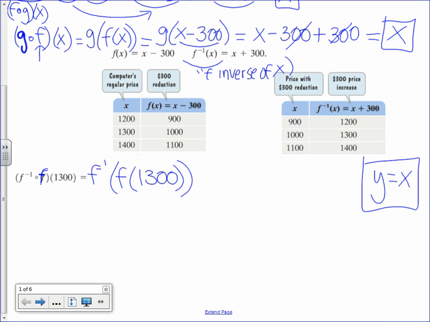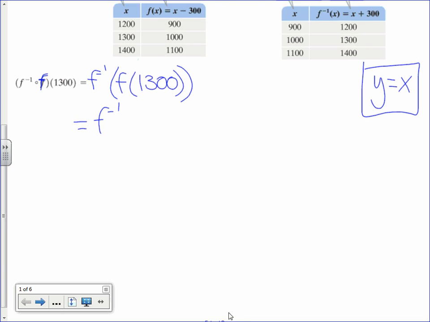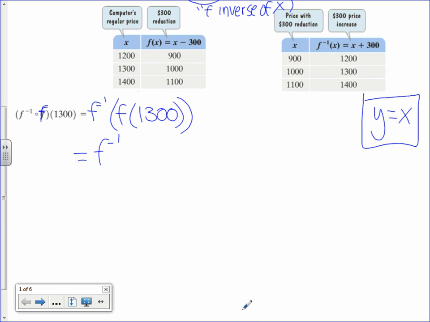So now let's use the tables that we have here. We have f inverse of f of 1300. If the input is 1300, we look at this function first. What will be the output for that? 1000, right? So f of 1300 is 1000.